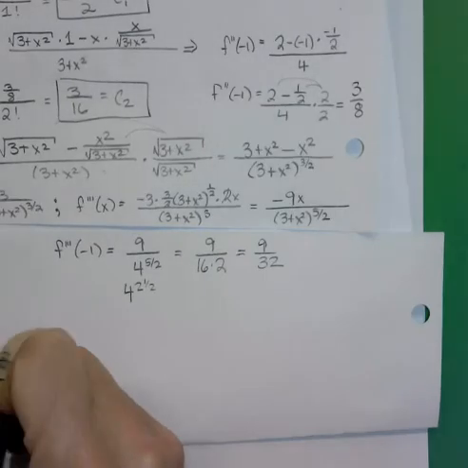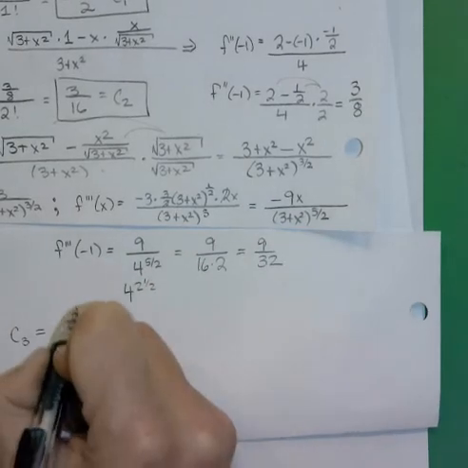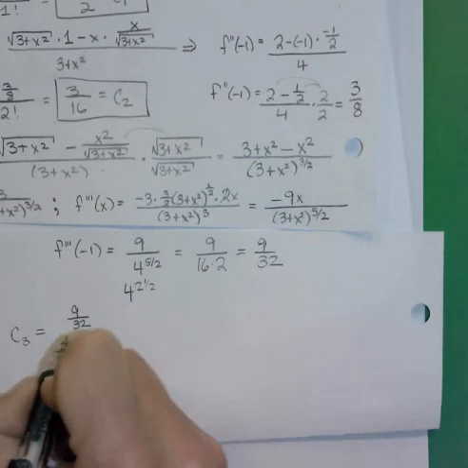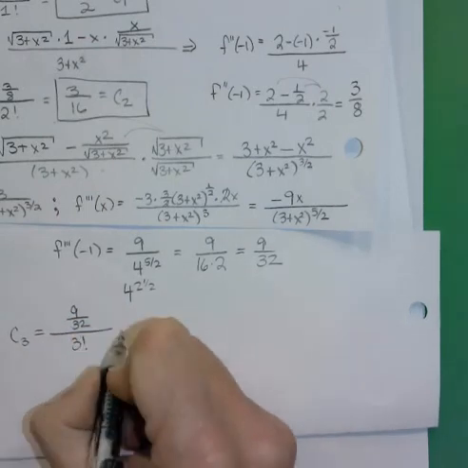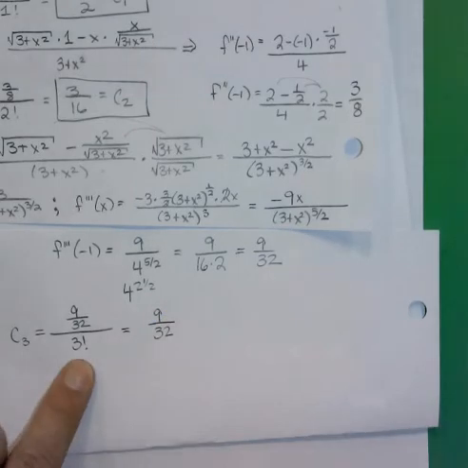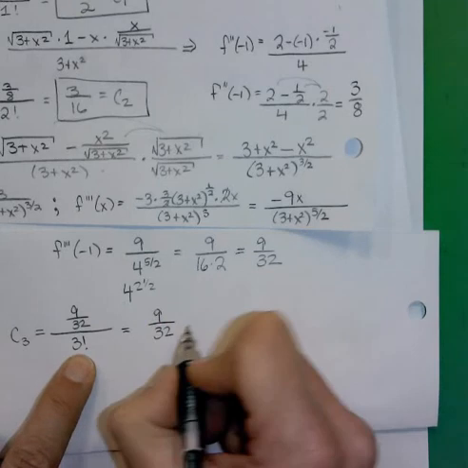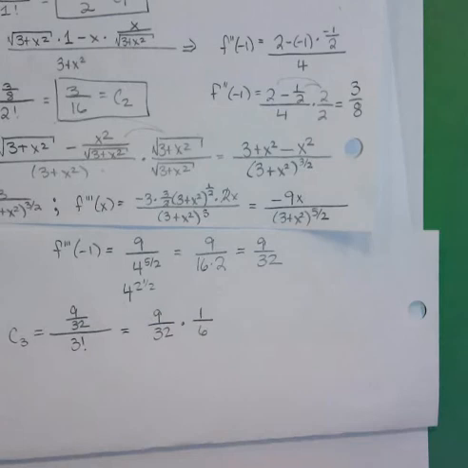And so our C3 is the third derivative divided by 3 factorial. So that's 9 over 32 divided by 6, which is the same as multiplying by its reciprocal 1 over 6.